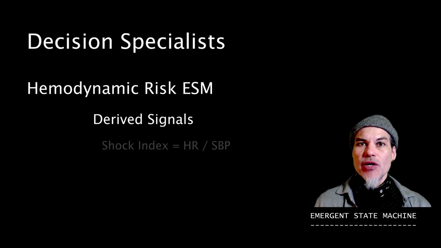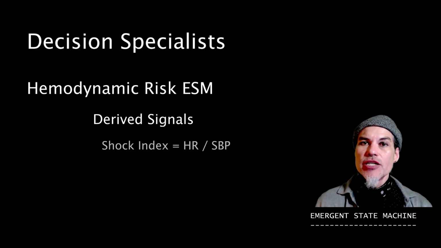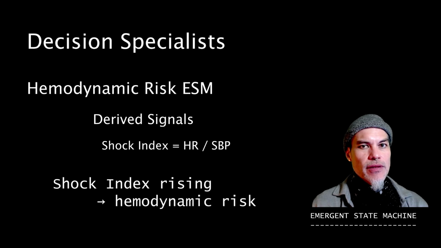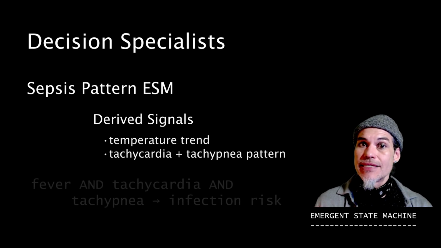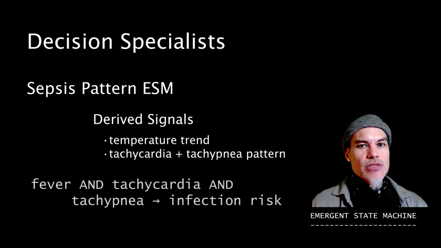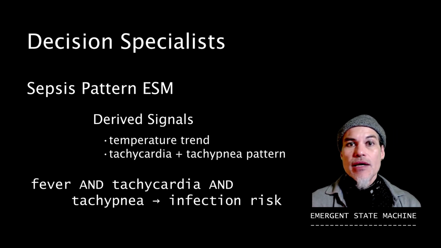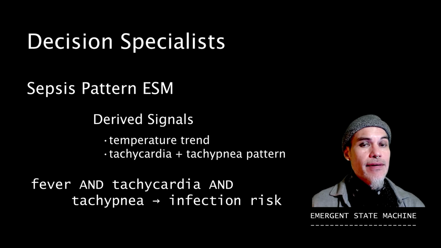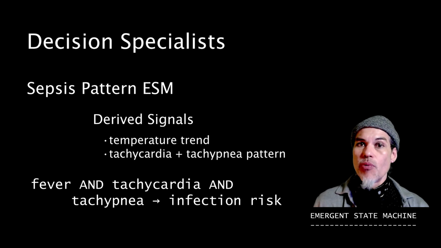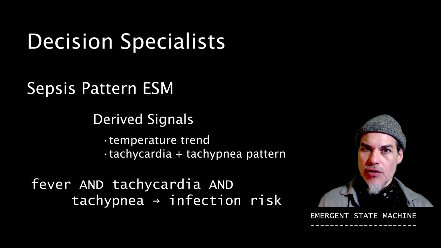The hemodynamic risk ESM monitors patterns related to circulatory stability. The sepsis pattern ESM detects patterns associated with infection. It's important to note that none of these specialist systems diagnose anything. They simply report when patterns of concern appear.